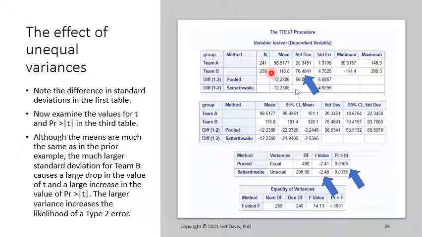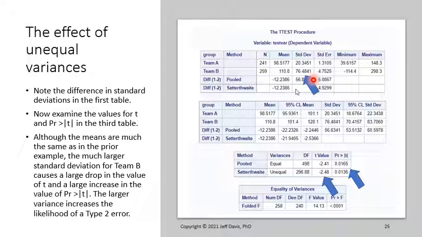I'm using the same samples, but I've rerun the simulation using different standard deviations. For team A, I still put in a standard deviation of 20, but for team B, I jacked it up to 80. It shows here a standard deviation of 76. That reflects that larger standard deviation that I requested in SAS.